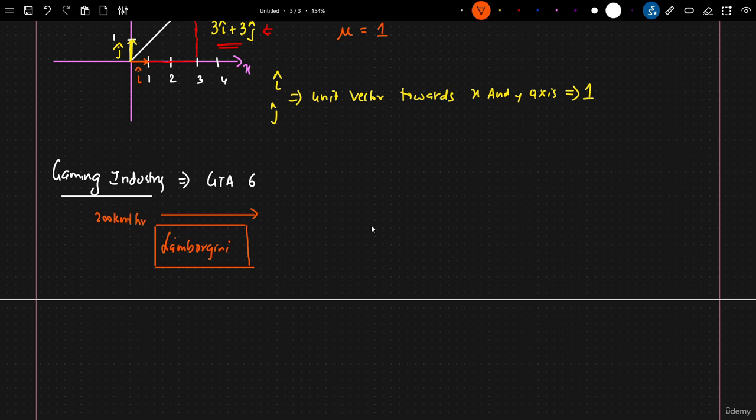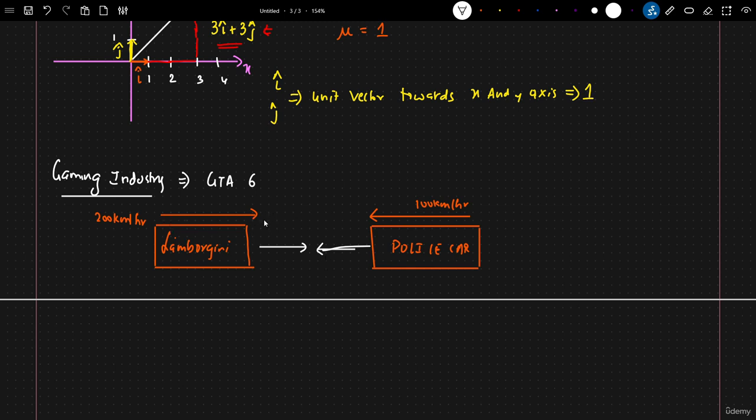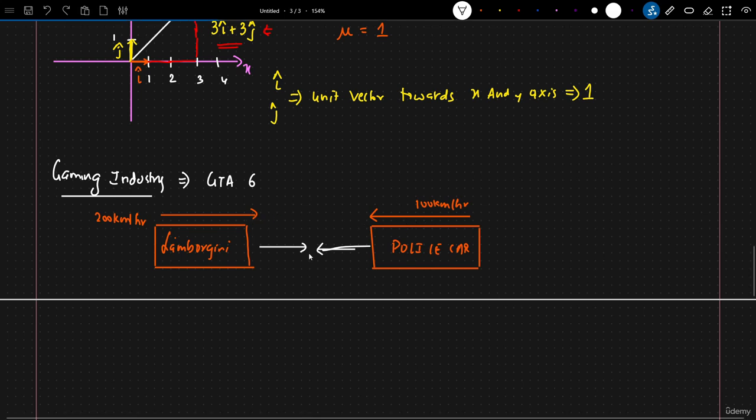And there's a police car that is probably coming from here. I hope you have seen this scenario also. Let's say this is the direction and it is coming at 100 kilometers per hour. Now, you know that when this collides, at the end of the day, the speed at which we are coming and the direction at which we are coming can actually be represented in the form of vectors.